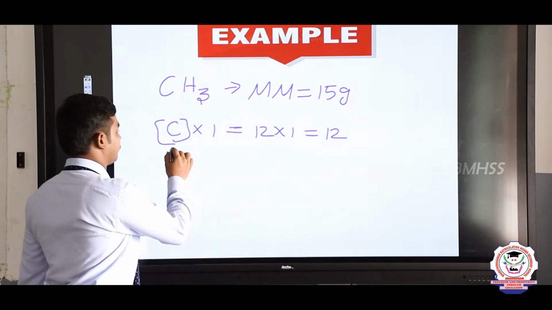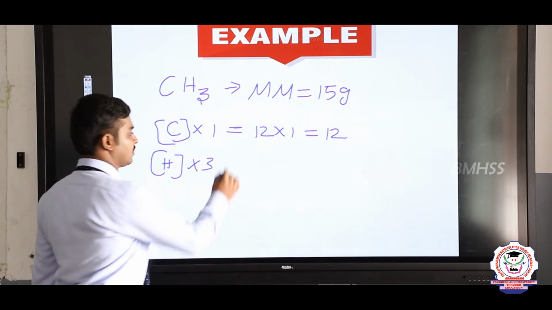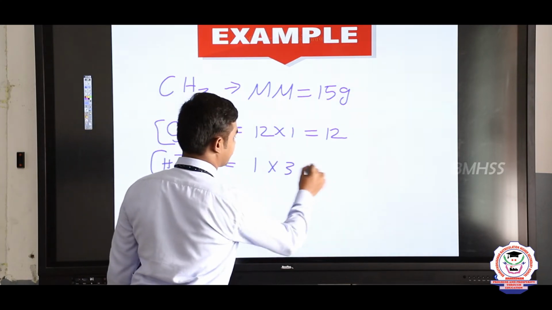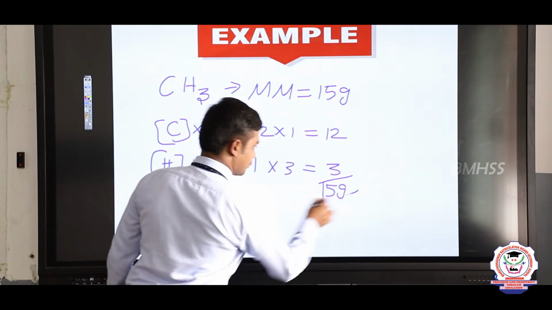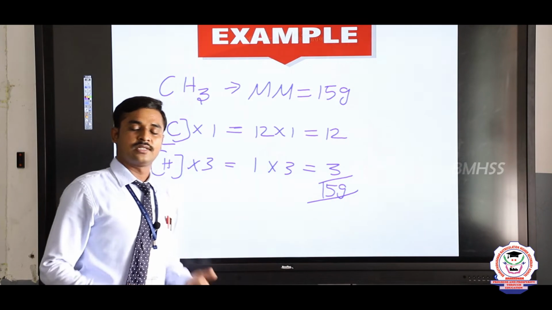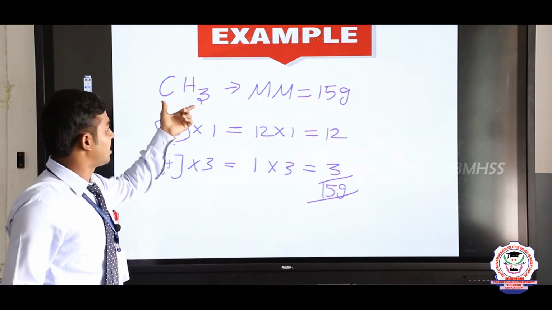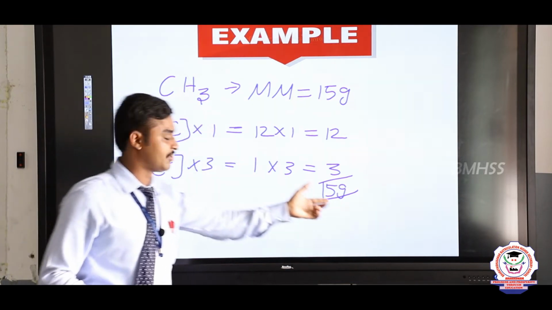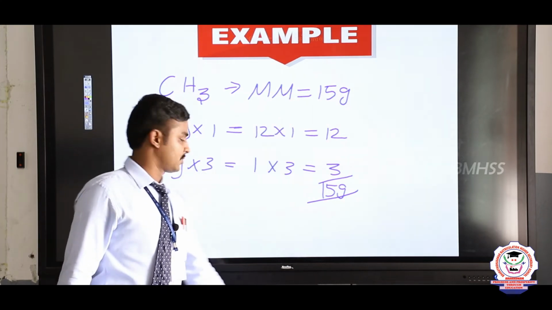We also have 3 hydrogens. The mass of hydrogen is 1, and 3 hydrogens have a total mass of 3. So 15 gram of CH3 is present in 1 mole of CH3 molecule. So the molar mass of CH3 is 15 gram. The given mass is also 15 gram.